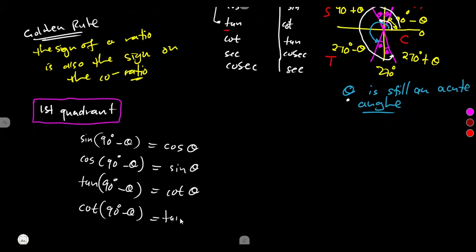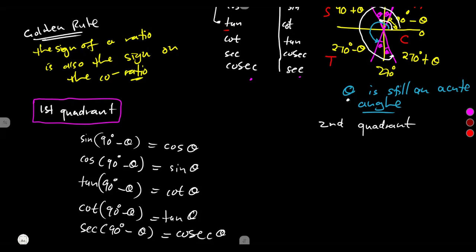So it's going to be tan of theta. The same thing for sec, guys. We cannot finish all of this. Sec of 90 degrees minus theta: sec changes to cosec. But all of these are positive, all right? So, guys, that is what you're going to do for all of them. That is for the first quadrant. Then we move on to the second. All right, let's talk about the second quadrant.